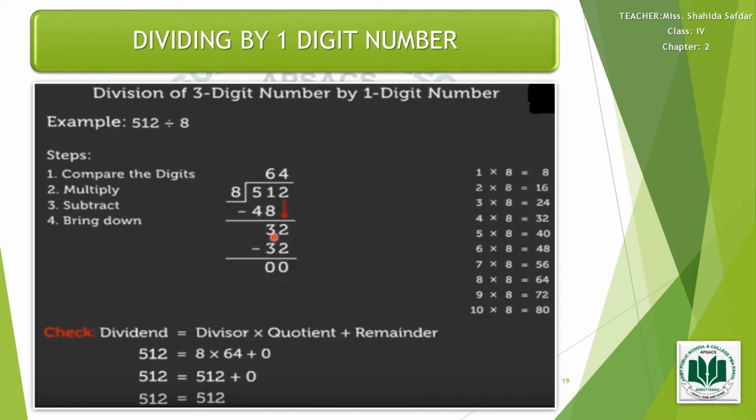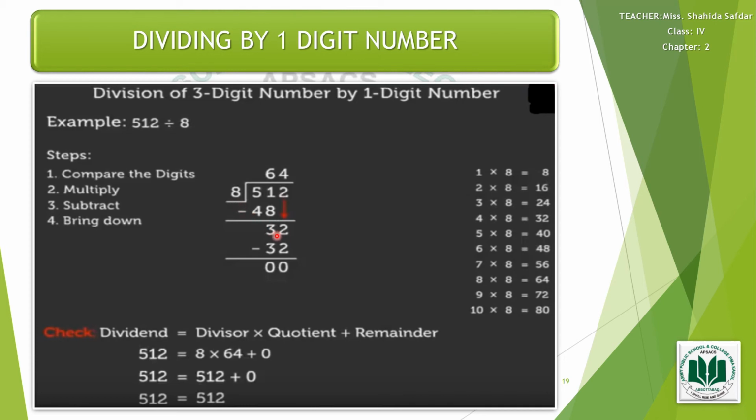Our next step is we will compare 3 and 8. As 3 is less than 8, we bring down the digit which is at the ones place. The digit at the ones place is 2, so we bring it down. Now our number is 32, so we compare 32 and 8.